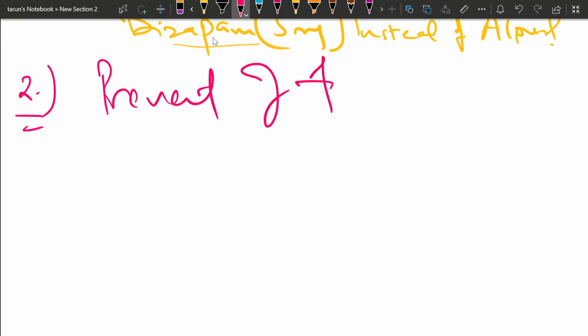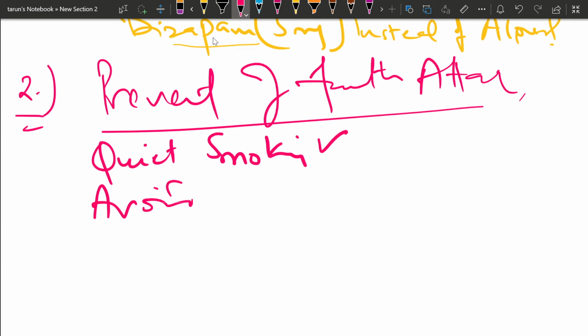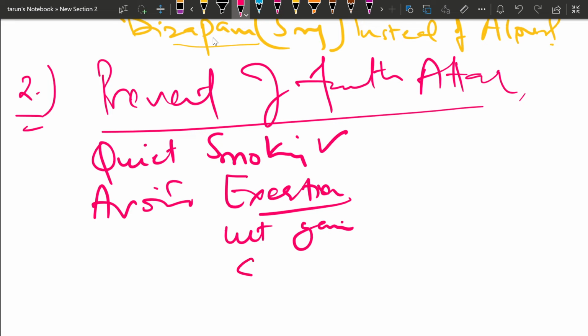For the prevention of further attacks of angina, the patient should quit smoking so that it does not worsen, avoid strenuous activity and exertion, avoid weight gain, and avoid psychic stress.